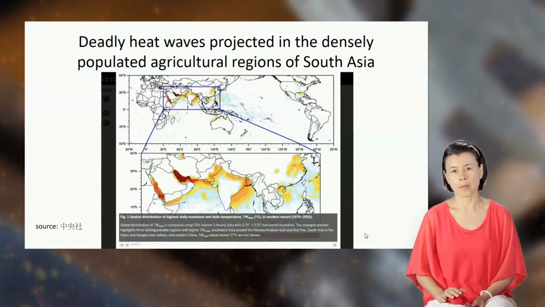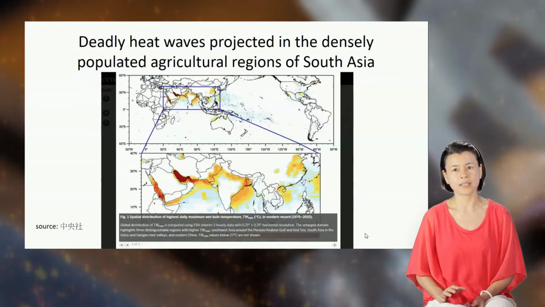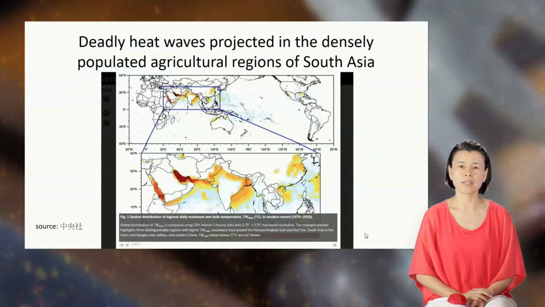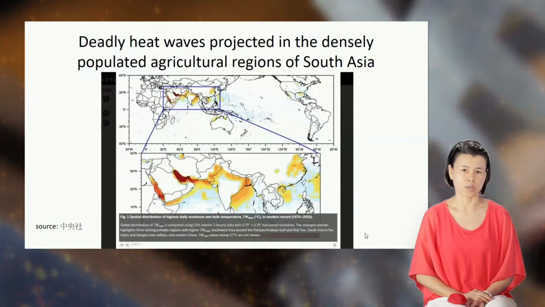According to this journal paper, if we do not deal with the issue of our carbon dioxide emission fast enough, the weather will be so hot as to cause a lot of deaths by the end of the century in South Asia, including Taiwan.